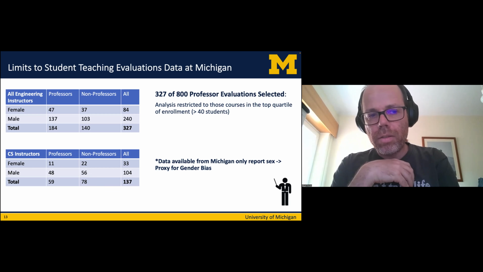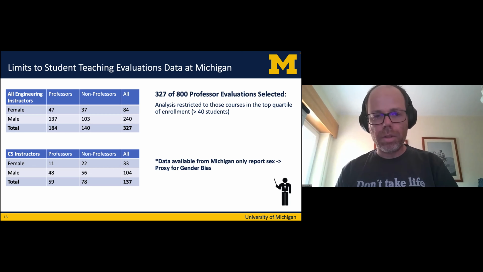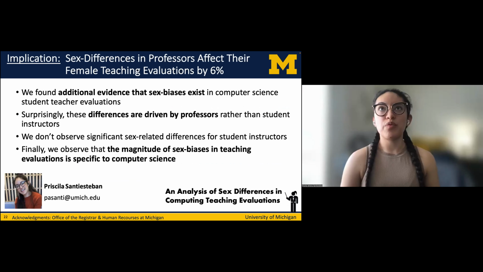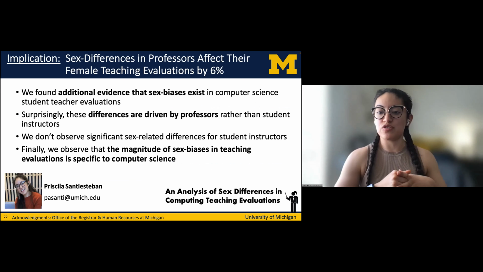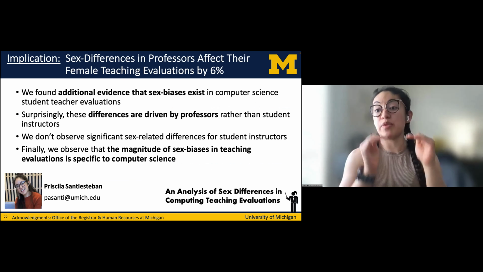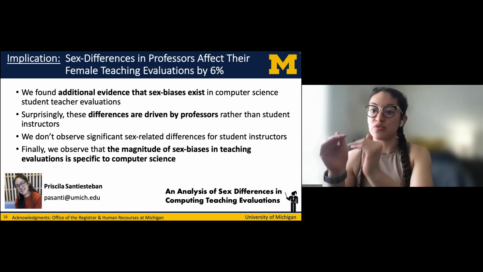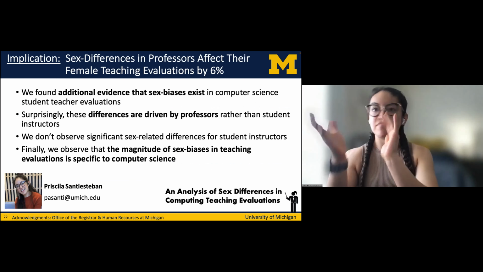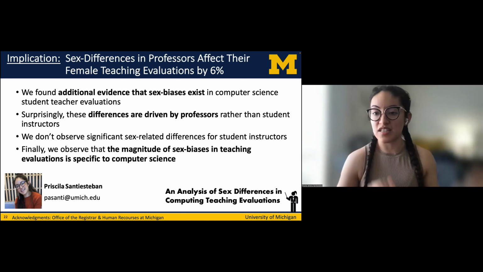In the sense that, for example, males would be more dismissive of the quality of female instructors. The way we collect the data is that every student submits their evaluation for that particular professor. So we do have the sex of that professor, and also whether they were a professor or a student instructor of a section of the course, but not from the respondents. All of that is held anonymous.